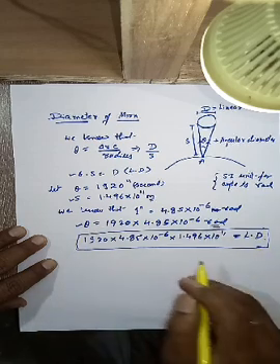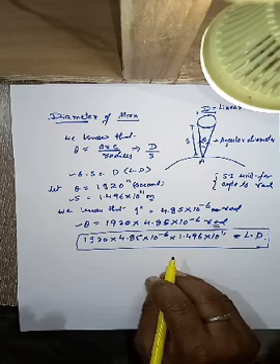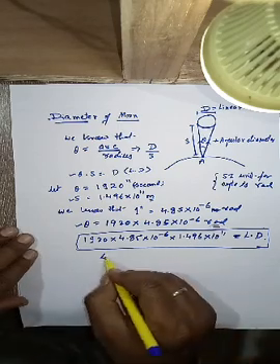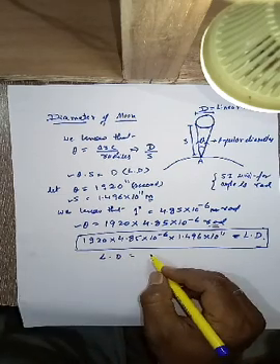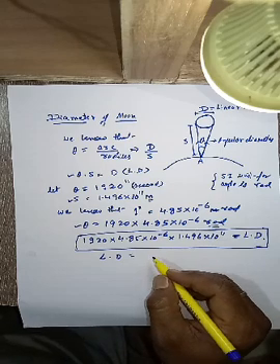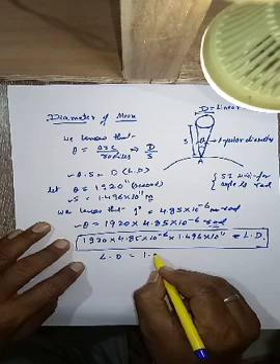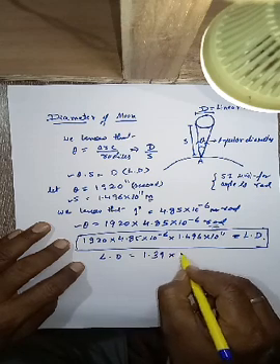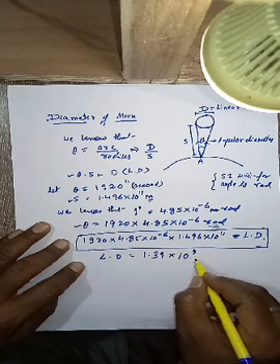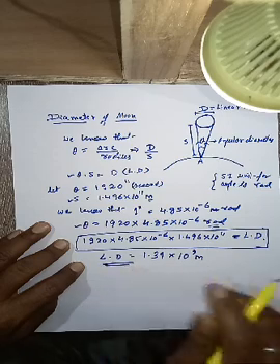This is what we come out with as the answer, which is equivalent to 1.39 into 10 to the power 9 meter. So this is our answer.